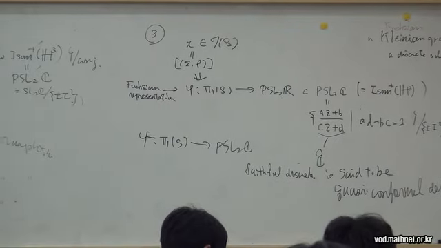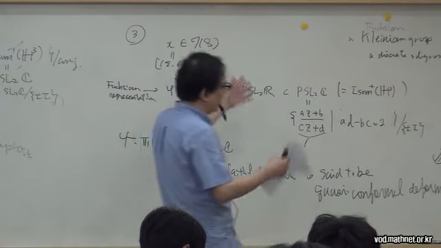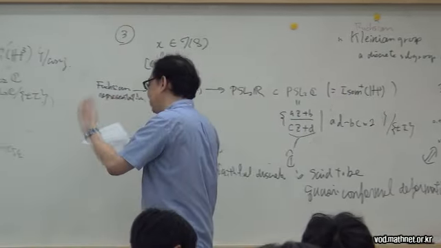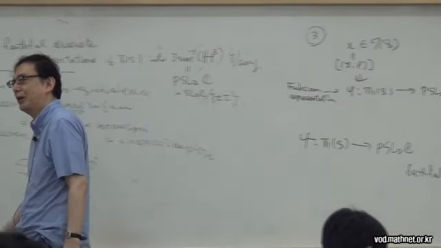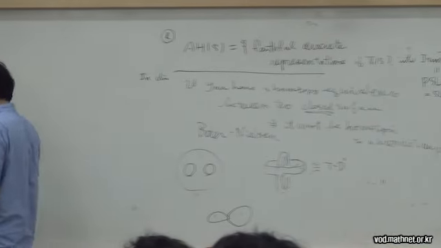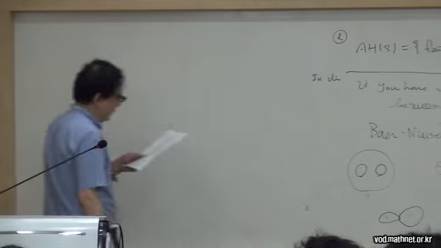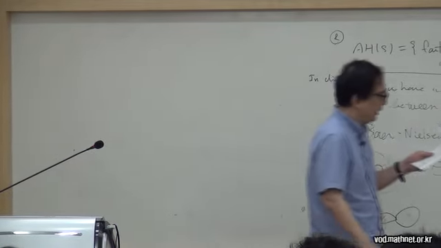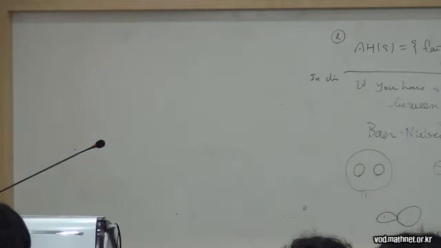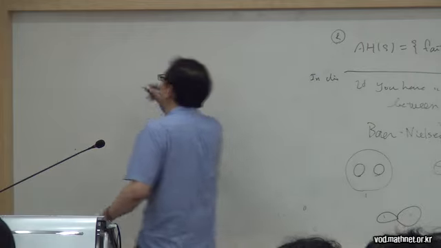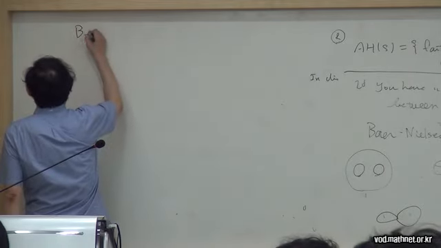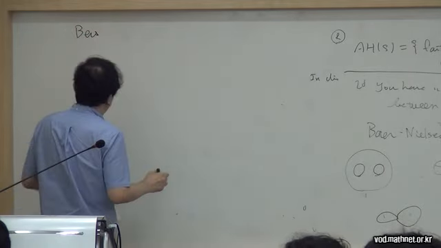Okay. So this is the quasi-conformal deformation, and we would like to consider the space of quasi-conformal deformations of a Fuchsian representation. There is a parametrization of this space, which can be done using the theory of Bers.